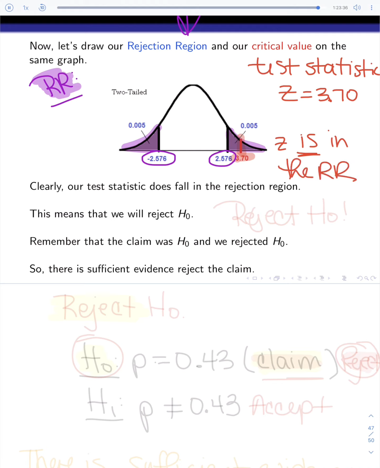What does that mean? So z is in the rejection region. Remember, if something is in the rejection region, it means we reject H naught. Well, the question is, what does that actually mean? We have to figure that out. So we are rejecting H naught. And so what we're going to do is repeat what our H naught is and our H1 is and label our claim to figure out what this means.